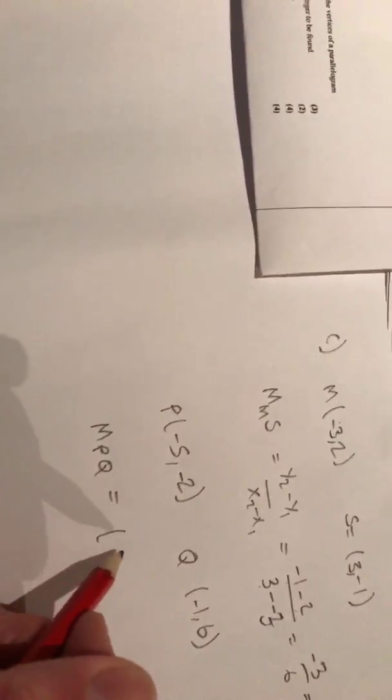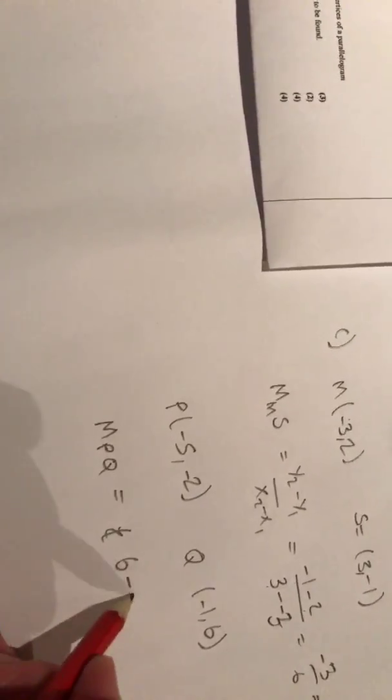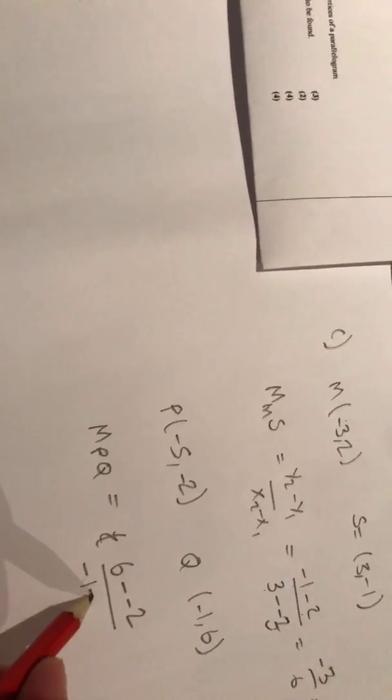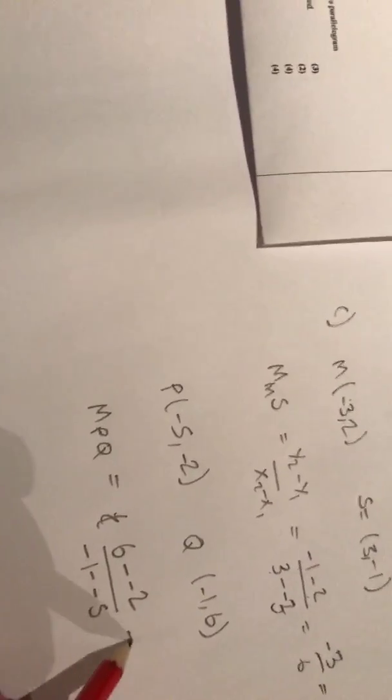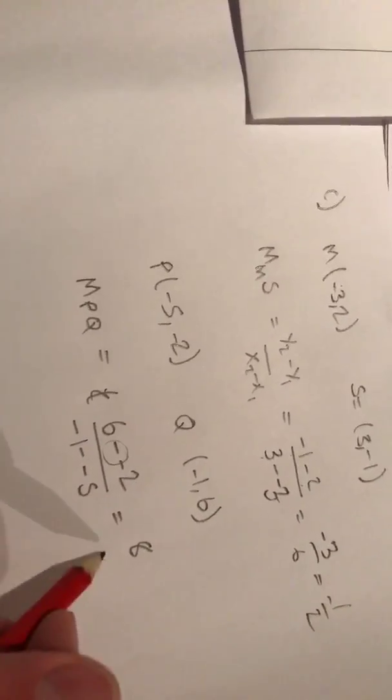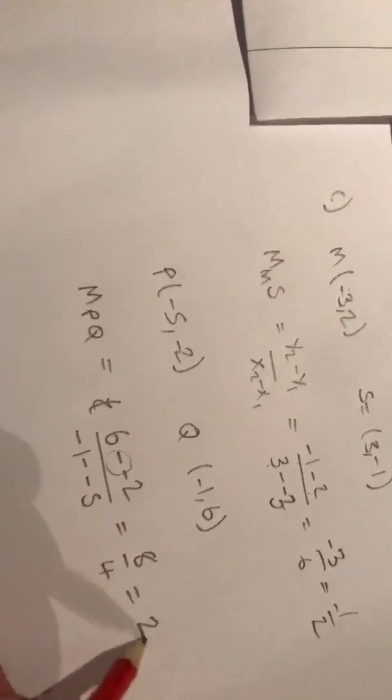So the gradient of PQ will be y2 minus y1, 6 minus -2, over x2 minus x1, -1 minus -5, which is 8, two negatives making a positive, over -1 plus 5, 4, which gives us a gradient of 2.